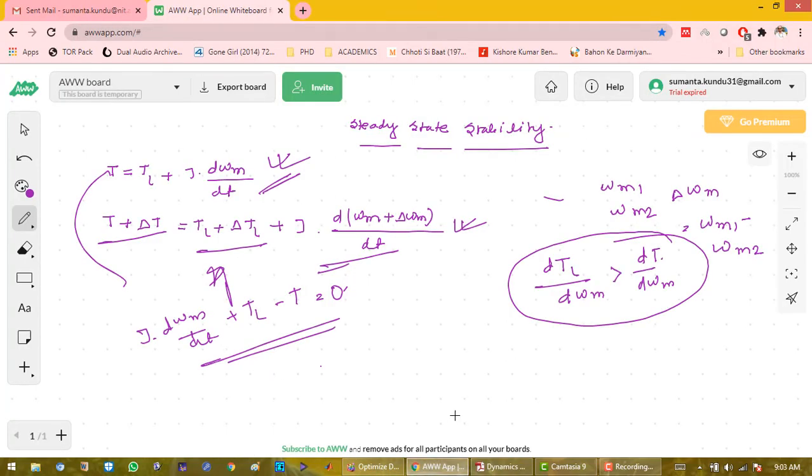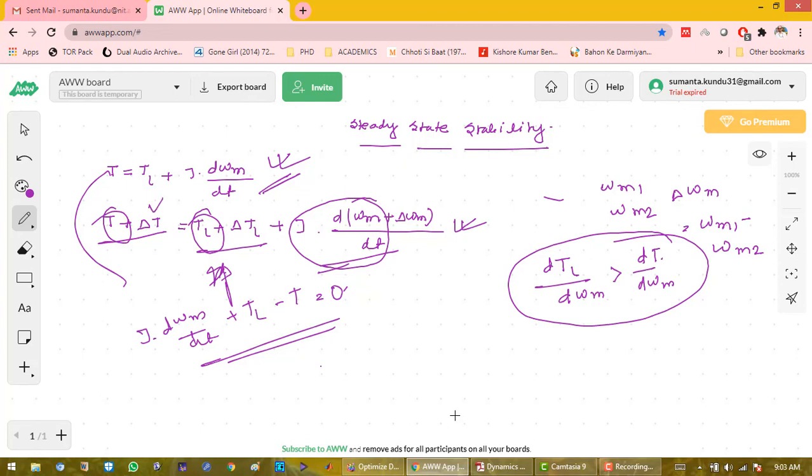So if we put this value here, see that this J dω_m/dt term and this term will become 0. So what is left?